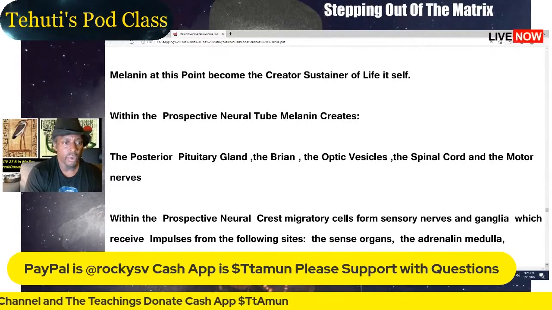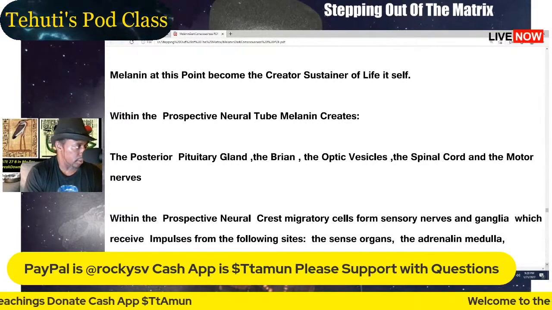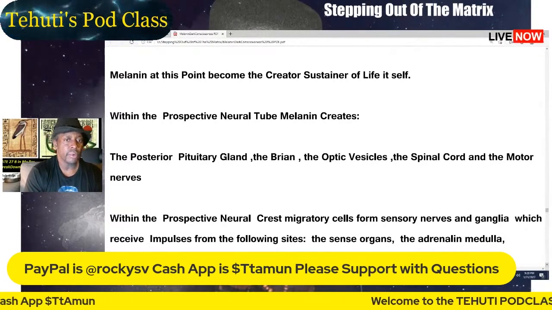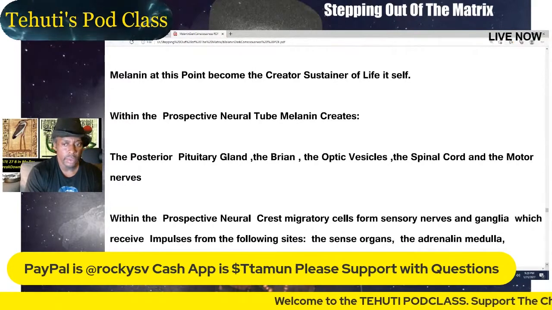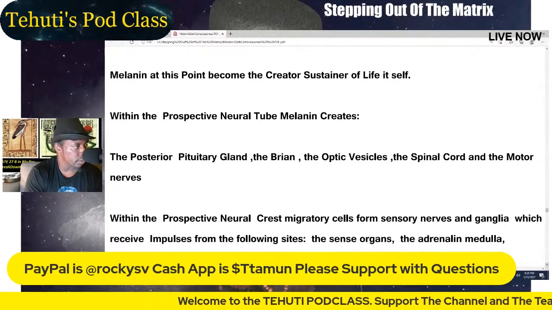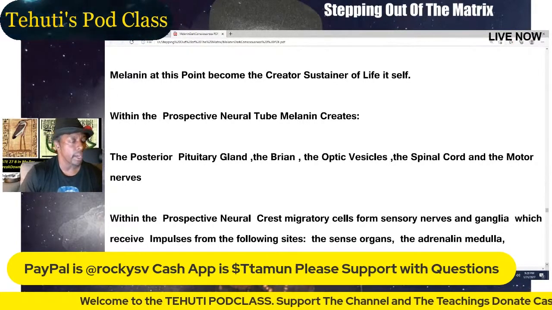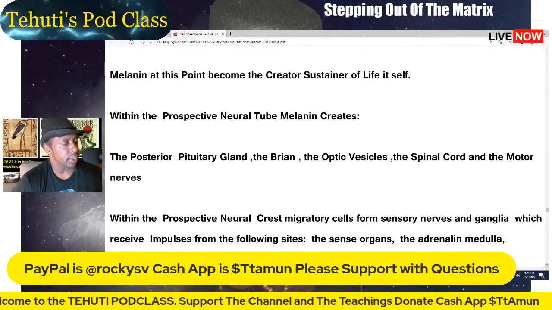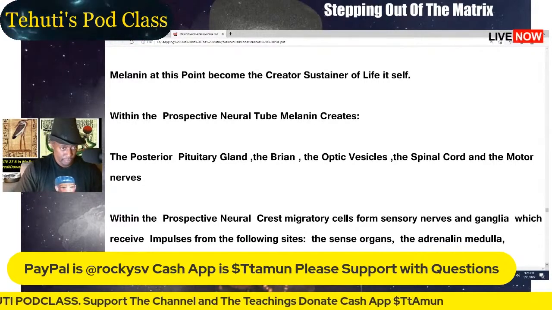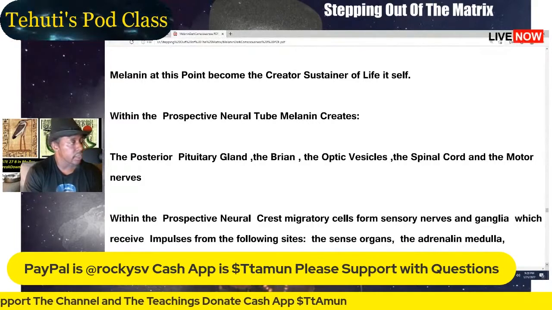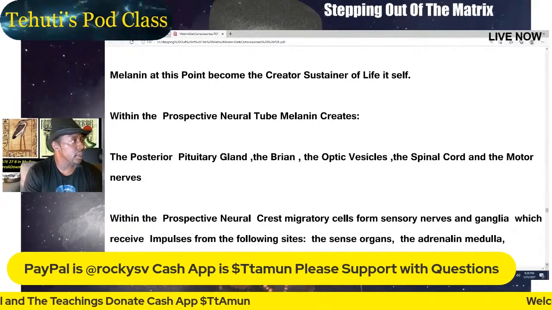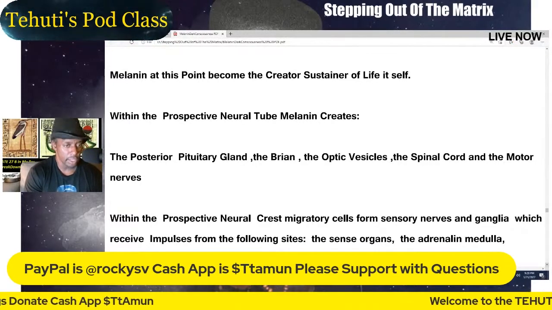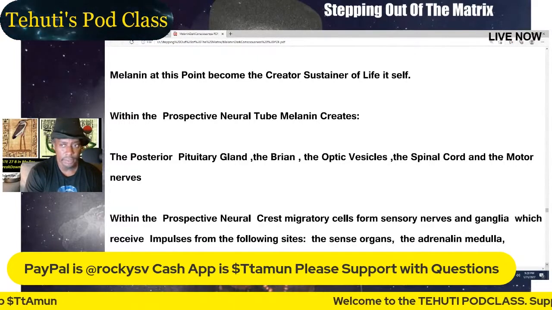The spinal cord and the motor nerves, that's responsible for the brain to communicate through the spinal cord to the motor nerves, so that you can even move your body. Without melanin, you cannot move your body. To even heal yourself, if you don't acknowledge the melanin inside of you healing, you can't even move to get the Band-Aid.